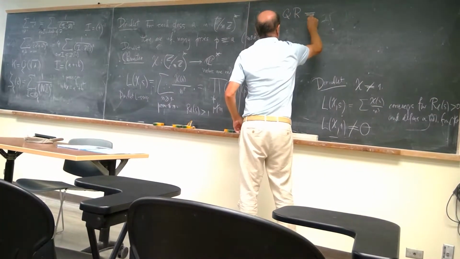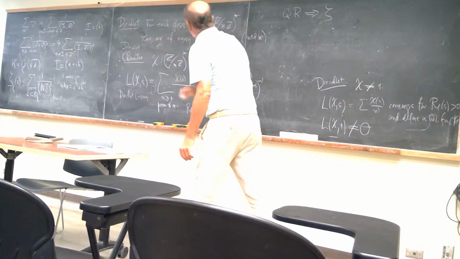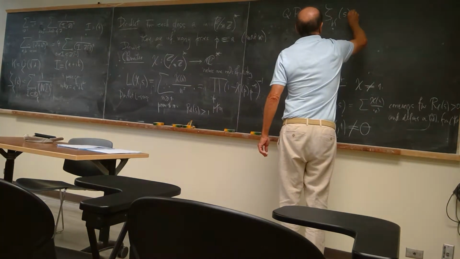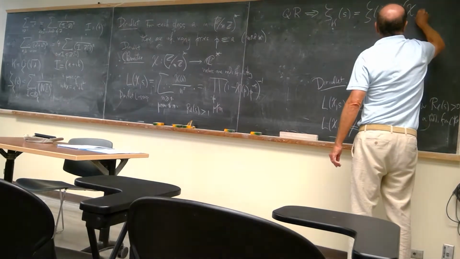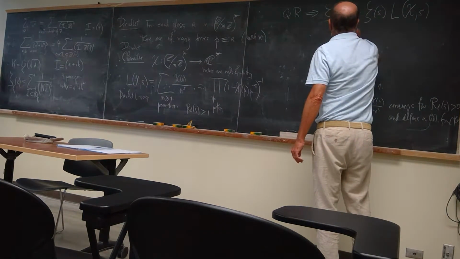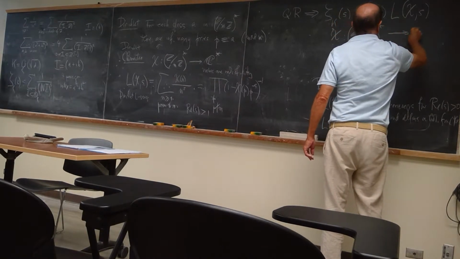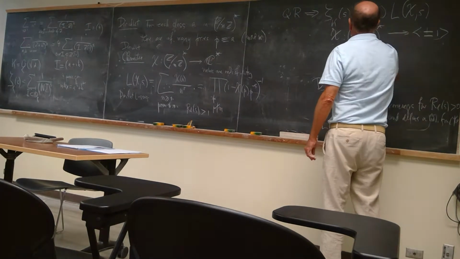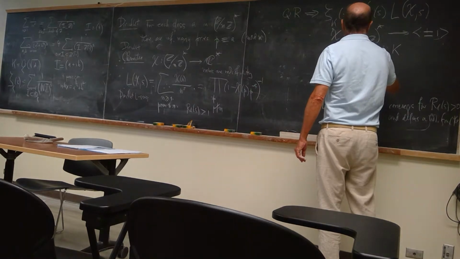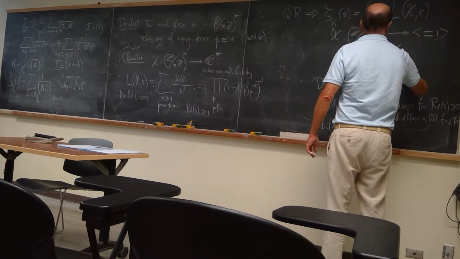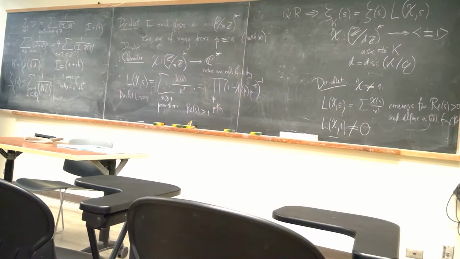Quadratic reciprocity implies that the zeta function of this quadratic field is the product of the Riemann zeta function times the L function of one of his characters, where chi is a homomorphism from (Z/dZ)* to plus or minus 1, associated to this quadratic field K, and d is the discriminant of K. So really for the Gaussian numbers here, d is equal to -4, for Q(i).